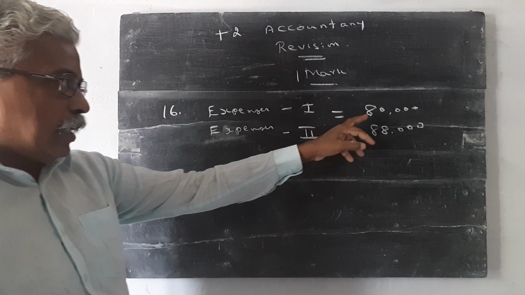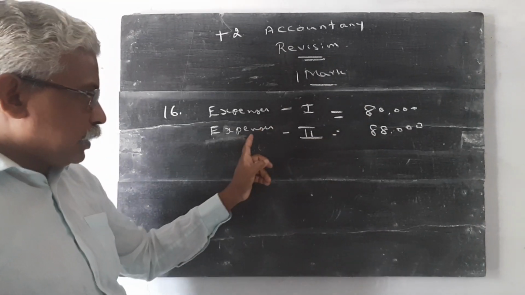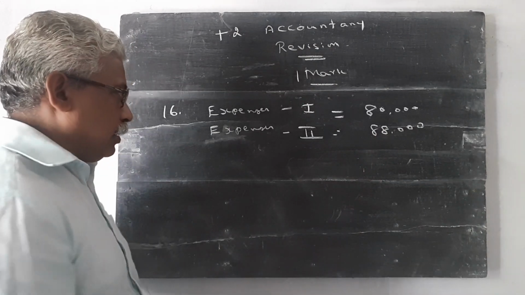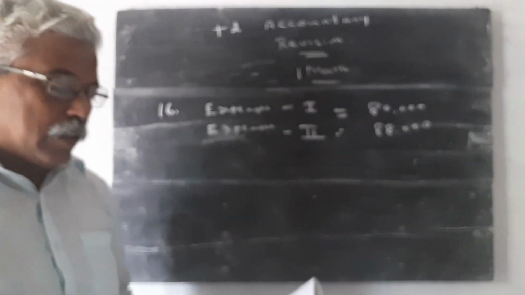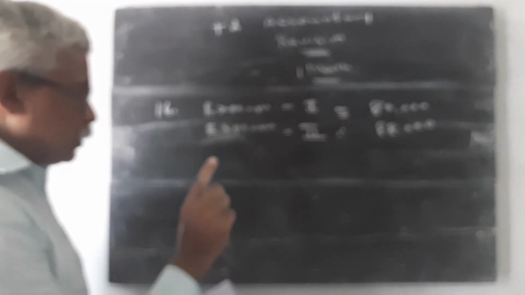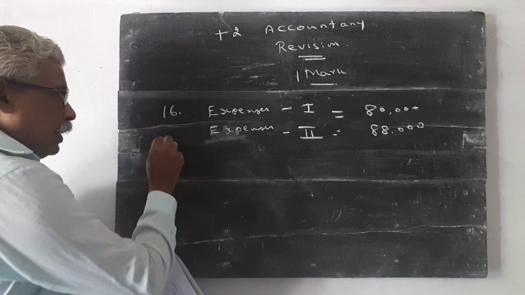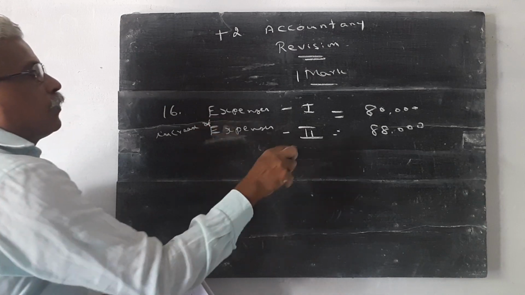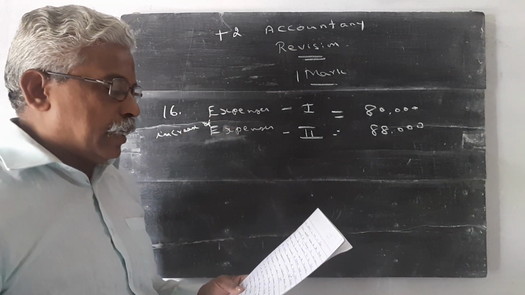Expenses for the first year is 80,000. Expenses for the second year is 88,000. The increased value is 88,000, but not the expenses for the second year. Increase of expenses for the second year is 88,000.